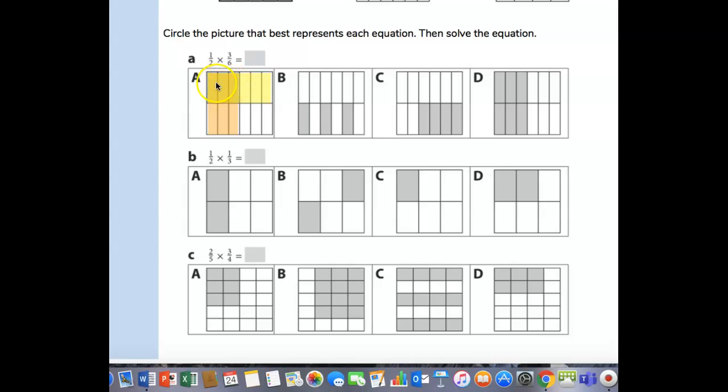And so this is correct, 3/12, because you've got 1, 2, 3 shaded all together here. 3 out of 1, 2, 3, 4, 5, 6, 7, 8, 9, 10, 11, 12. So your answer is 3/12.